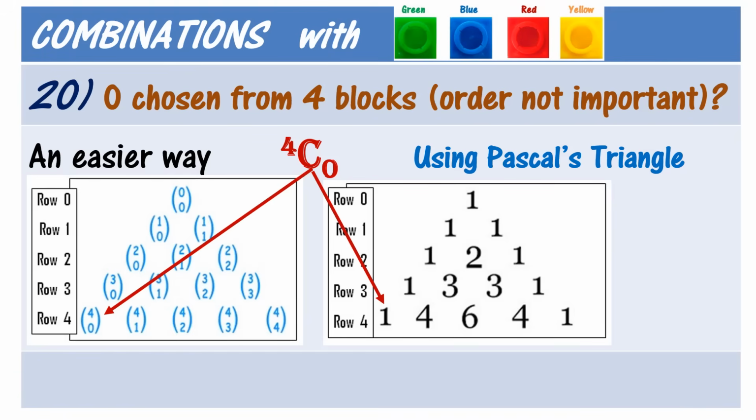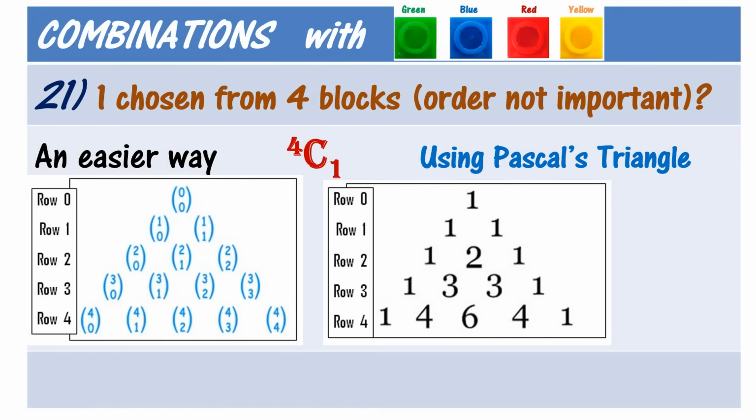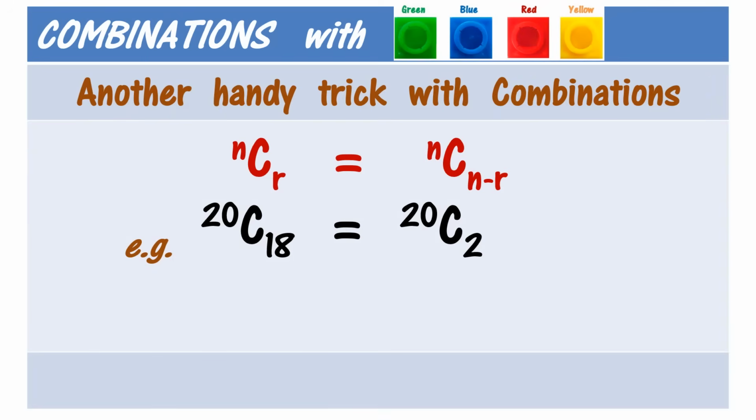Yes, there's one way to take no things from 4 things. 4C1. Well, there's 4 ways to take one thing from 4 things. Another handy trick with combinations is to remember that nCr equals nC(n minus r). And I give an example here. 20C18 equals 20C2.